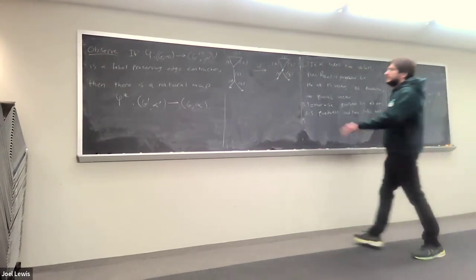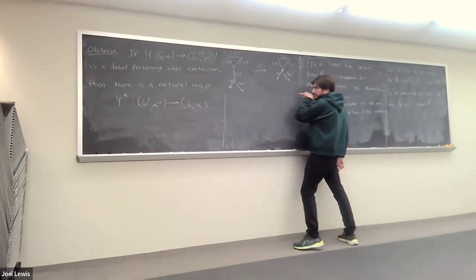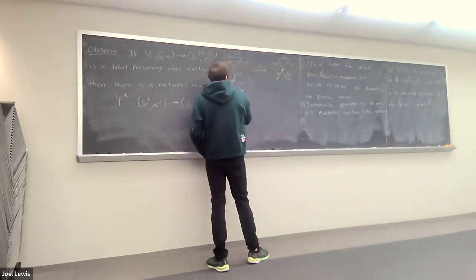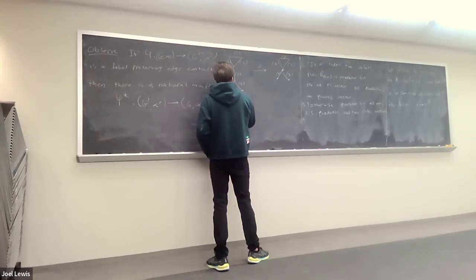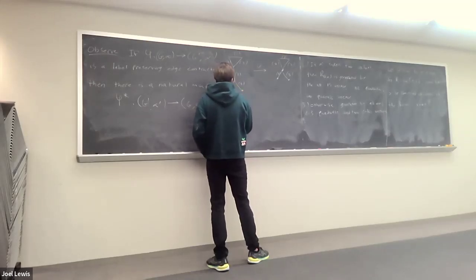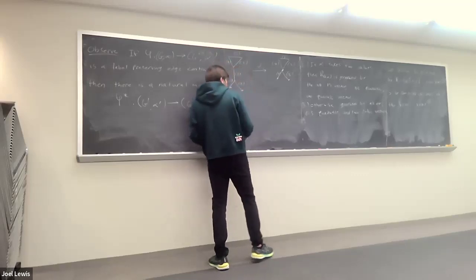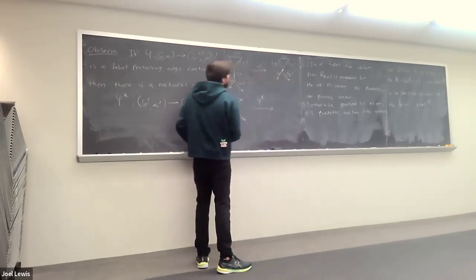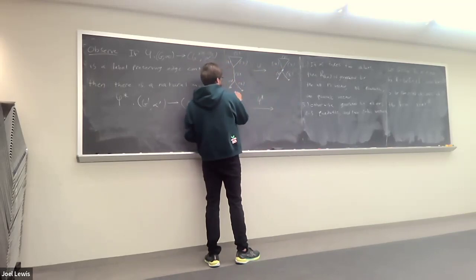Now my claim is that this should induce a map on splines going the opposite way. So let's see why that is. This time I'm not going to draw the edge labels, for time's sake. Or maybe I should.